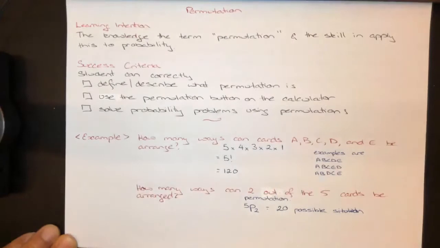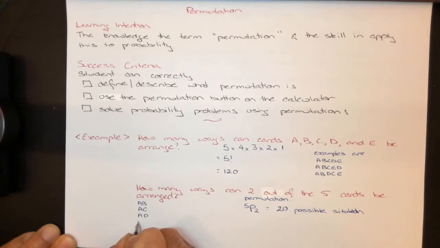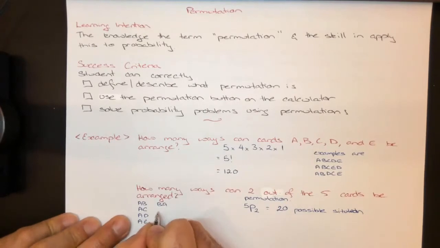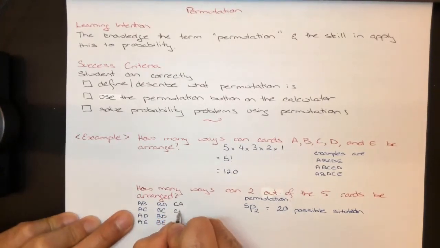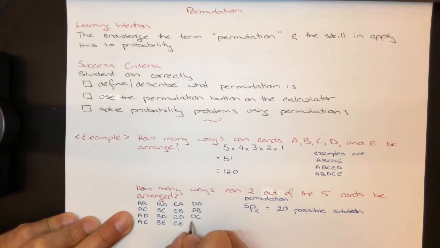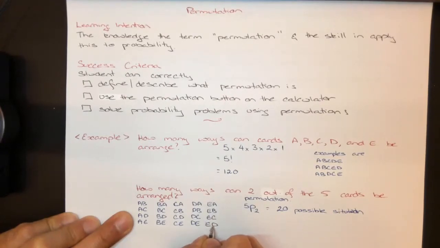So there will be things such as AB, AC, AD, AE, BA, BC, BD, BE, CA, CB, CD, CE, DA, DB, DC, DE, and then EA, EB, EC, ED.